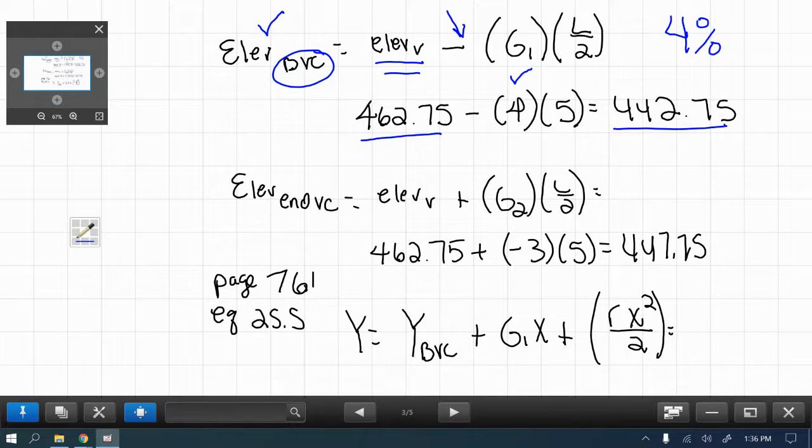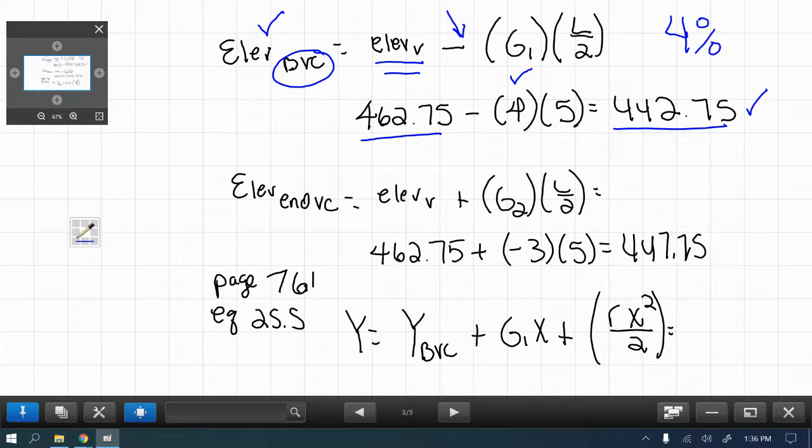They tell you that on page 761, when they're doing their R, it says divided by the length in stations. So make sure L is in stations. So that's my beginning vertical curve elevation. If you get that wrong, then it's going to be a domino effect on everything else.